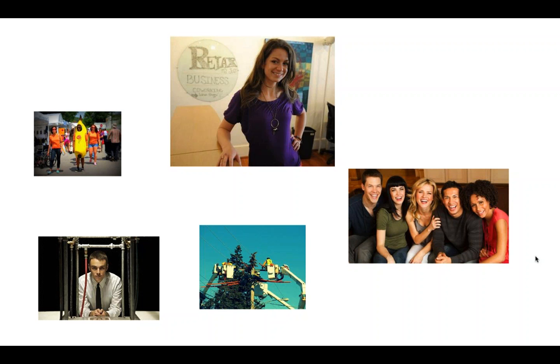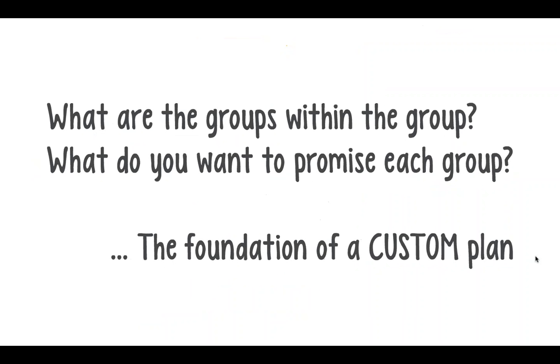One benefit plan design may not be appropriate for that entire group. Each group has different needs. So I think a great question is, what do you want to promise each group within that group? And you've got to really distinguish between the different groups within that group. And really, this is the foundation for a customized employee benefit program.